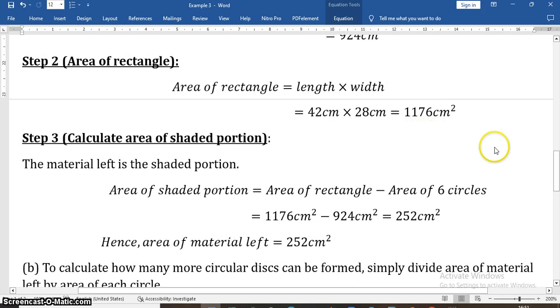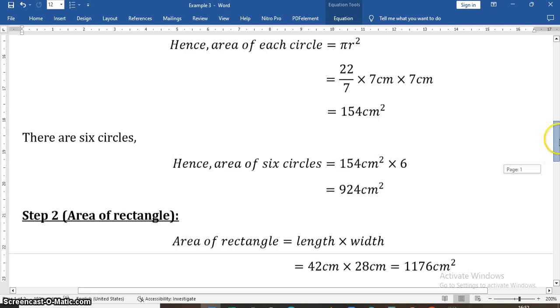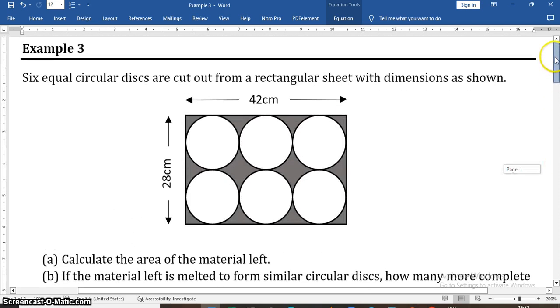Okay, so you have area of the rectangle is 1,176 centimeters squared minus area of 6 circles, which is 924 centimeters squared. You do your calculation, quickly do that on your rough. You have 252 centimeters squared, which means the area of material left is 252 centimeters squared. That's the answer to part A of this question.